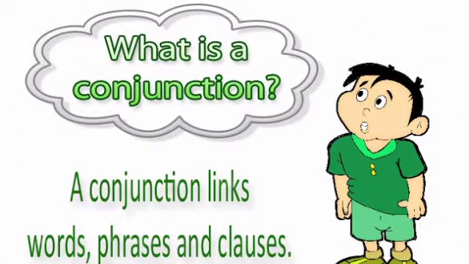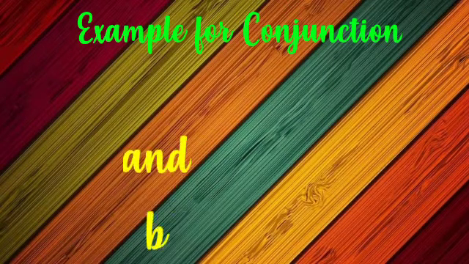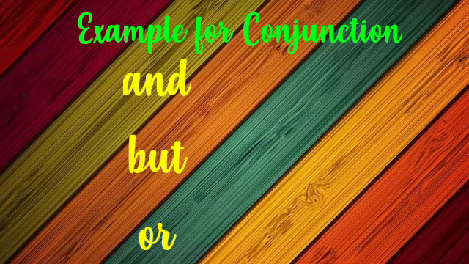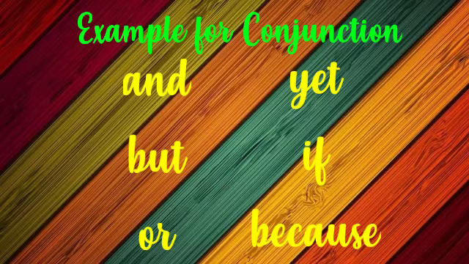What is a conjunction? A conjunction is a word that joins parts of a sentence, phrases, or other words together. Say some examples of conjunctions. And, but, or, yet, if, because.